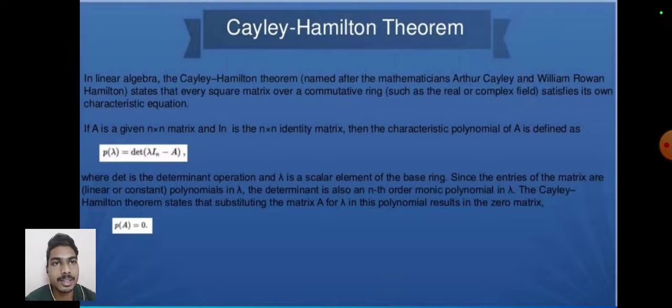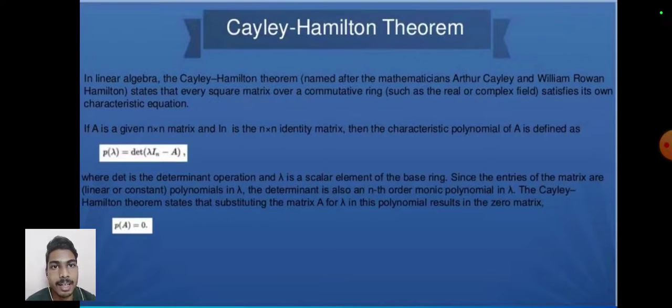Now let's see what the Cayley-Hamilton theorem is. In linear algebra, the Cayley-Hamilton theorem, named after the mathematicians Arthur Cayley and William Rowan Hamilton, states that every square matrix over a commutative ring, such as the real or complex field, satisfies its own characteristic equation.